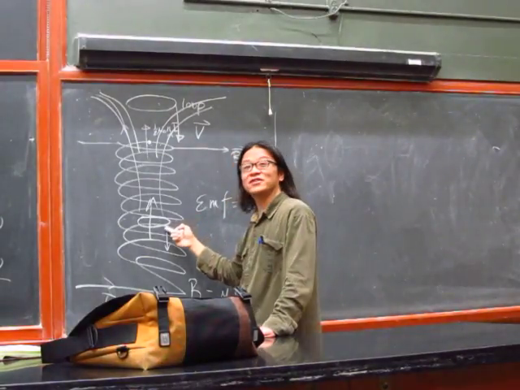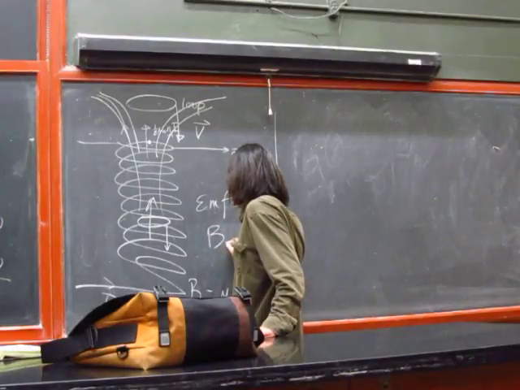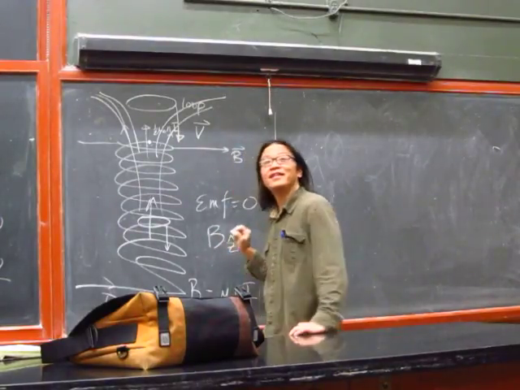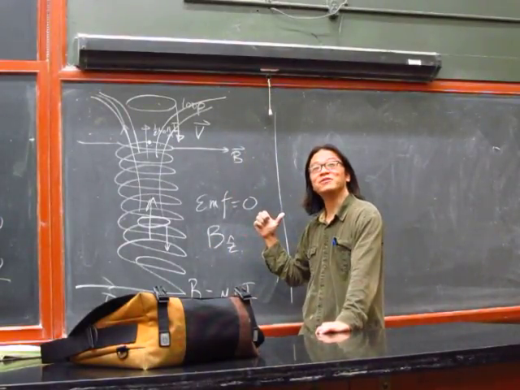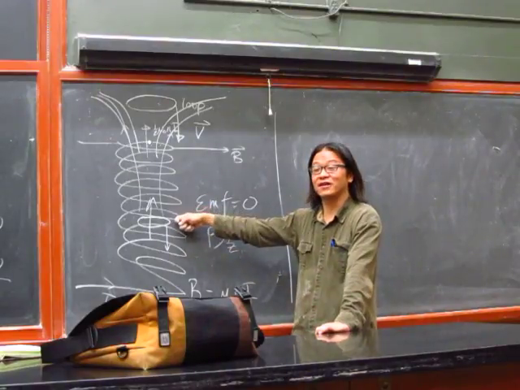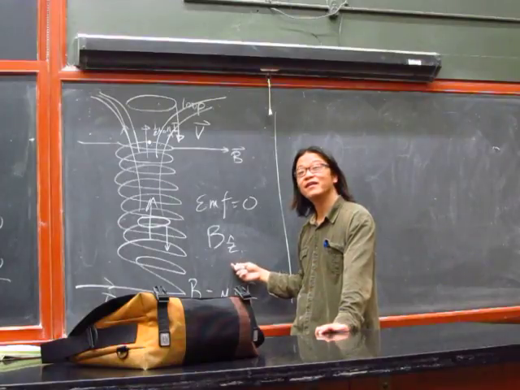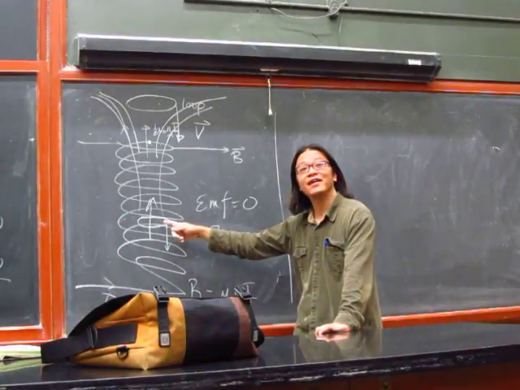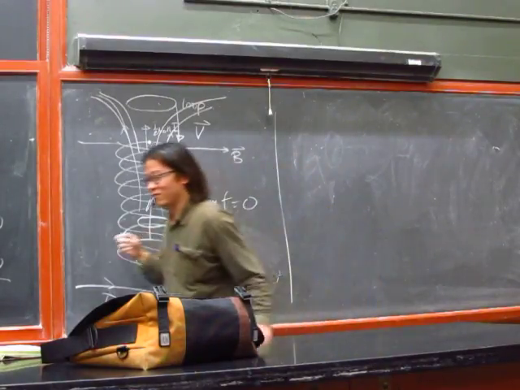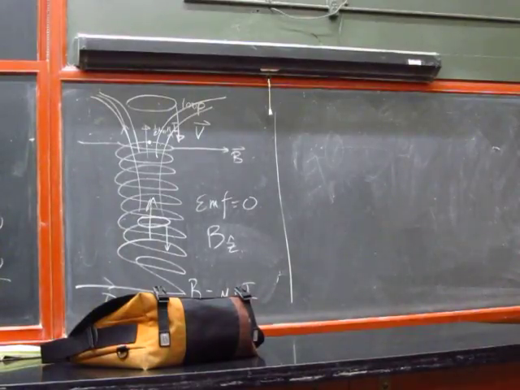Because there is no Lorentz force here. The B field is completely axial. There is no radial component of the B field. So the B field is along the velocity direction. It cannot create an EMF. Hopefully I'm not missing any argument. Just want to make sure. B field is 0.